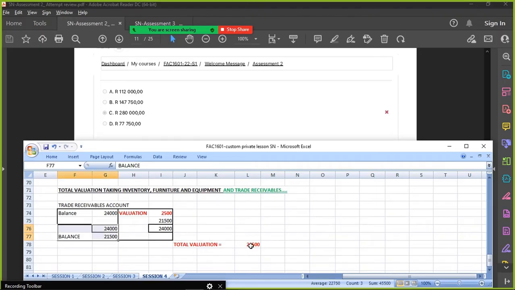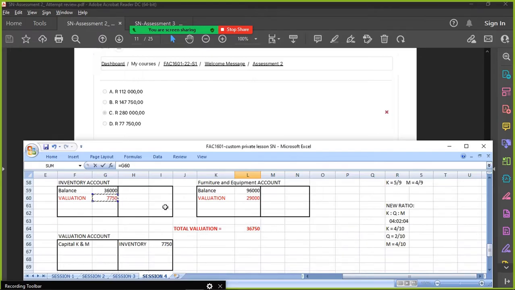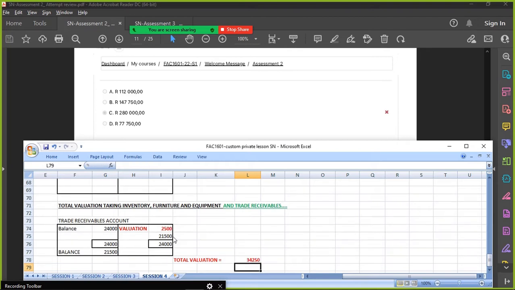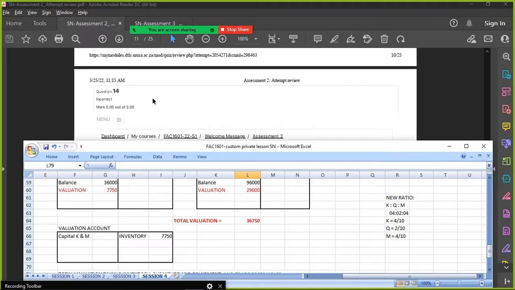That's the balance. Ooh, what happened here? Something happened here. Oh, it's adding the wrong figure. Hold on. I can't just copy paste that formula. The new valuation is going to be this plus that minus this. There we go. That's better. Cool. Happy. What number was that? This was 11. That was 11.